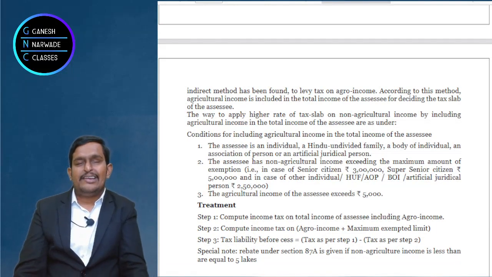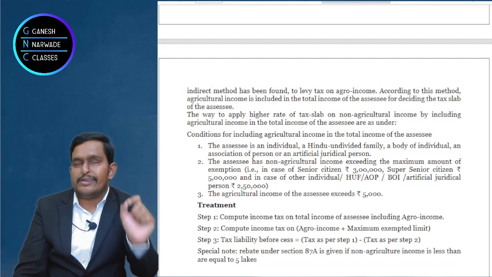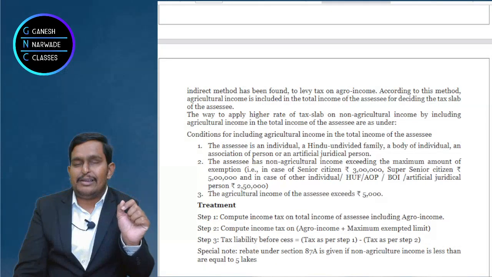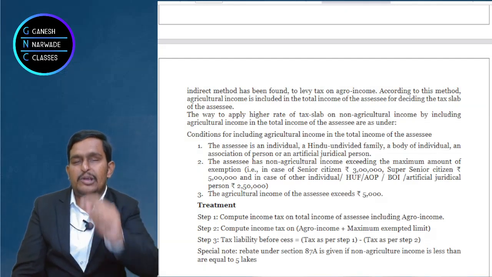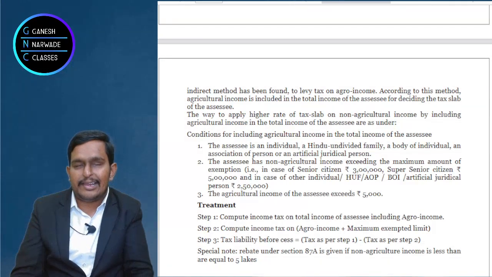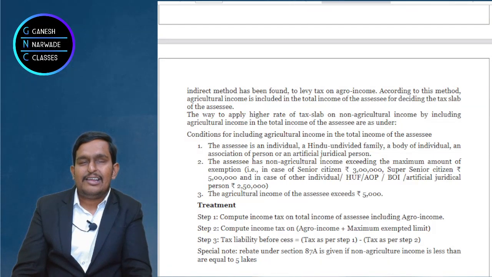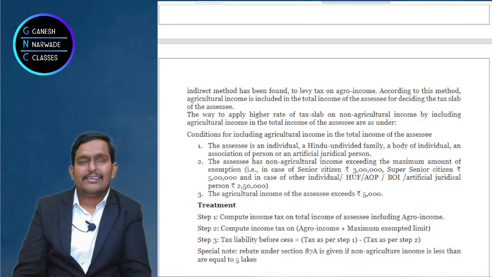From this tax liability, if your non-agricultural income is less than 5 lakhs rupees, you can give rebate also, which we discussed. Rebate under 87A. And after that, you will add health and education cess. Of course, if the income is more than 50 lakhs, then you will also add surcharge.